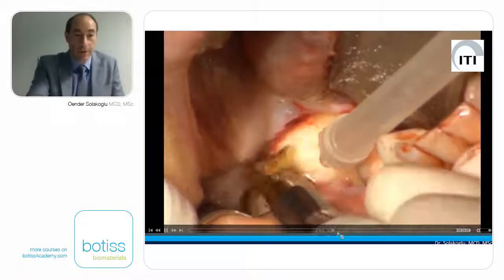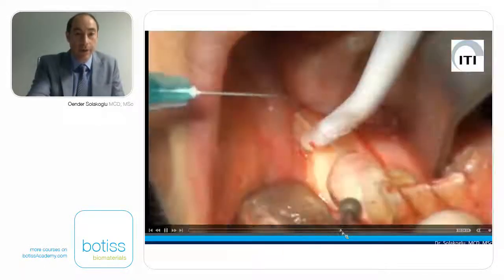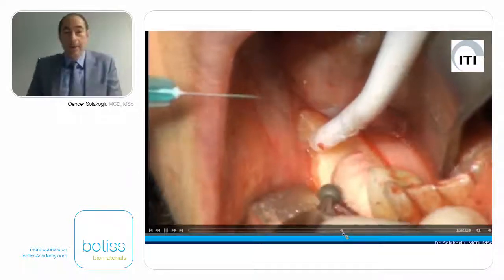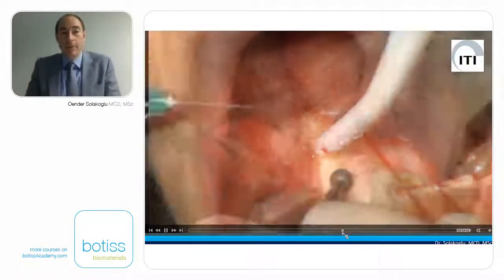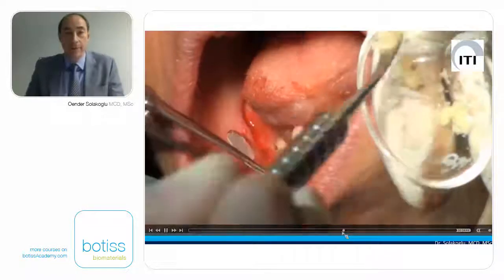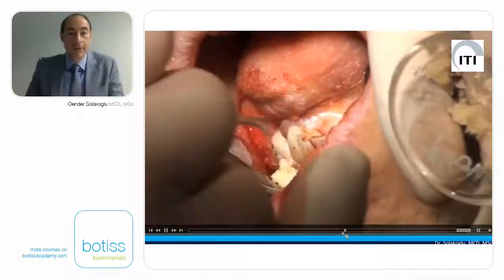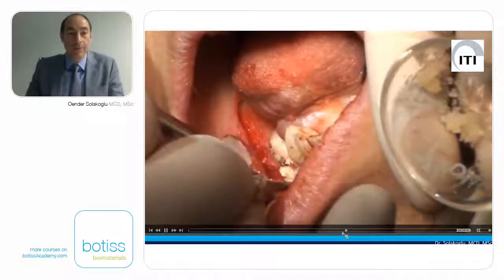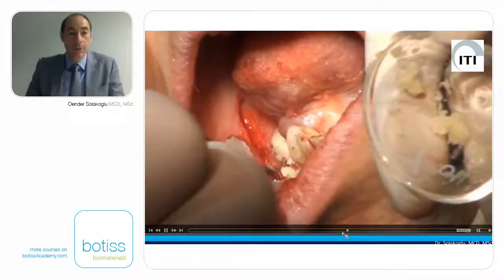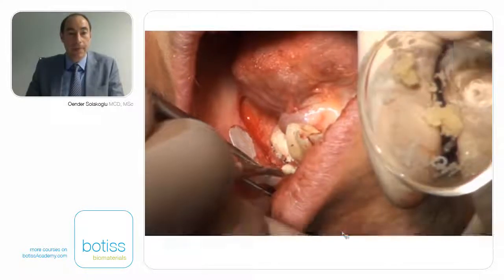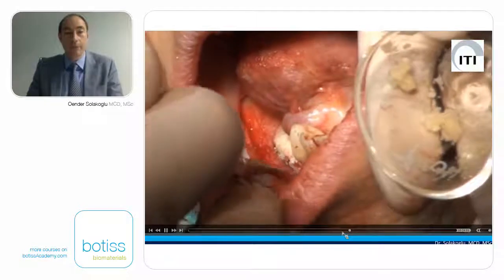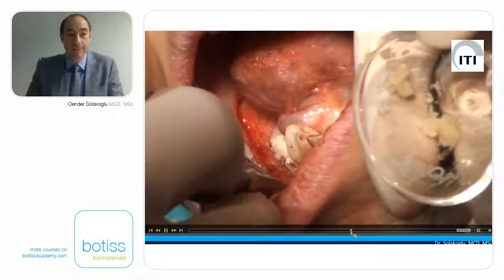And then we will graft the bone a little bit around our block. Then the block is smoothened a little bit, and we will do our bone grafting around the block, and then we will cover it with the mucosa membrane, which is there in place already.